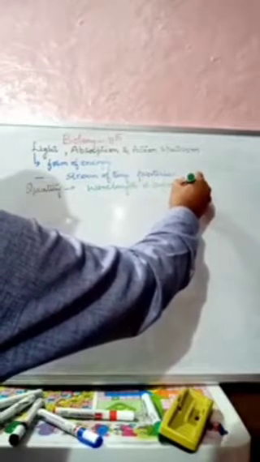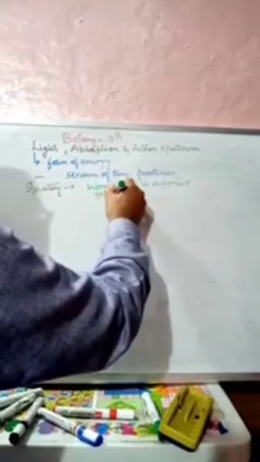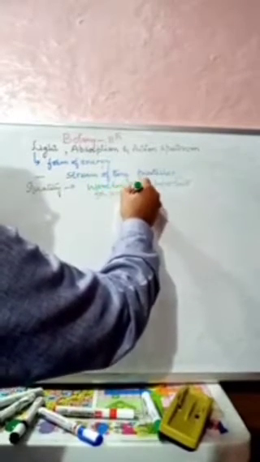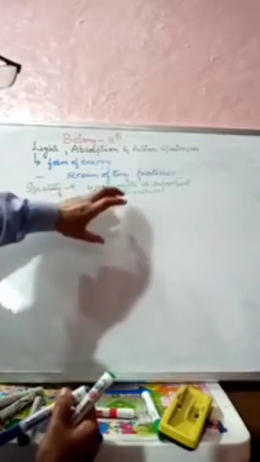Which wavelength is essential for photosynthesis? Because we have already studied the different types of pigments. We have discussed chlorophyll, carotenoids and phycobilins, and we know that these different pigments absorb different wavelengths.